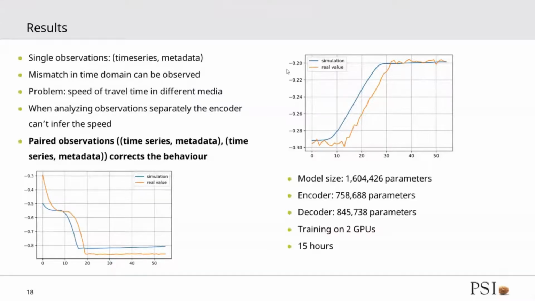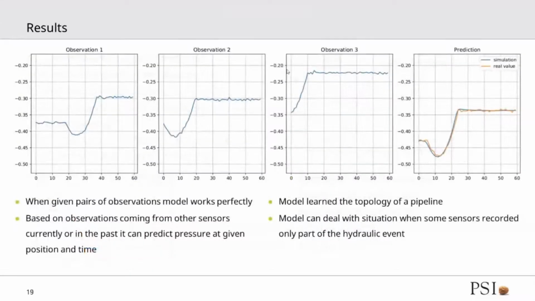And now we will present some final results. The convention will always be like this. Firstly, we present 3 plots of the observations that were given to the model, and then the result of the prediction, as well as the real value that the model needs to duplicate in this case.